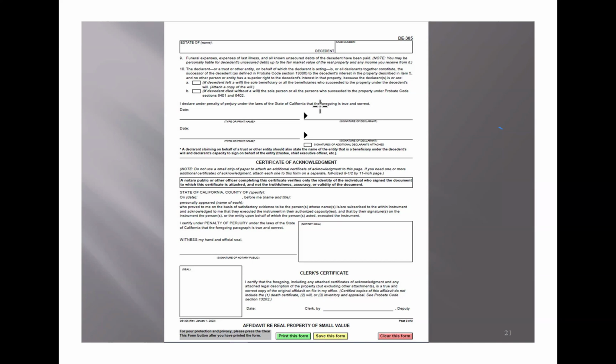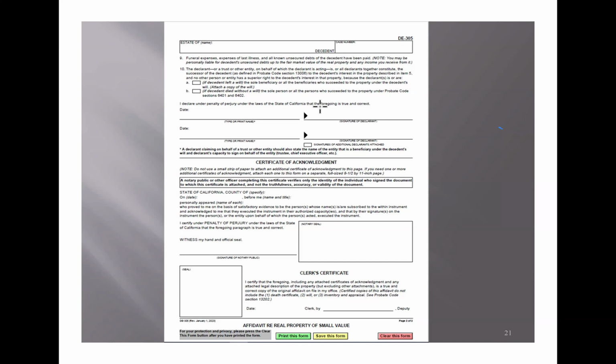Then everybody who's inheriting has to sign here. As you can see, there's only 2 places for signatures. So if there are more, then either you can create additional copies of this page or signature attachments.